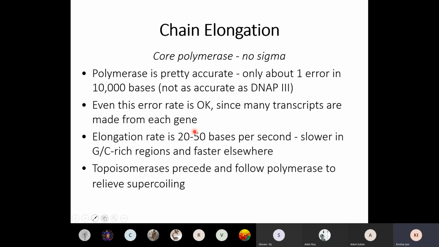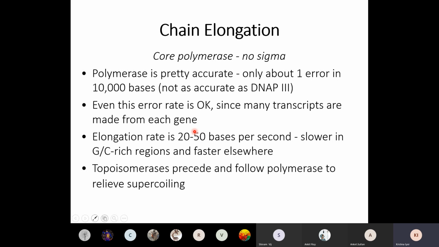Now, as I said, this RNA polymerase has got decent accuracy. It's not that it makes a lot of errors, but the error rate is higher than your DNA polymerase. If you remember, your DNA polymerase used to make one error in close to 10 raised to 10 to 10 raised to 12 bases, so what you call a trillion bases. Here the error rate is 1 in 10,000.